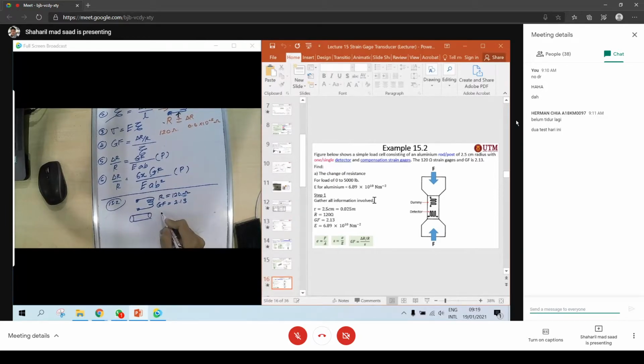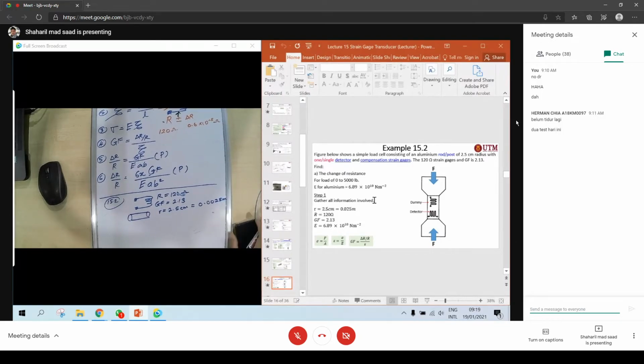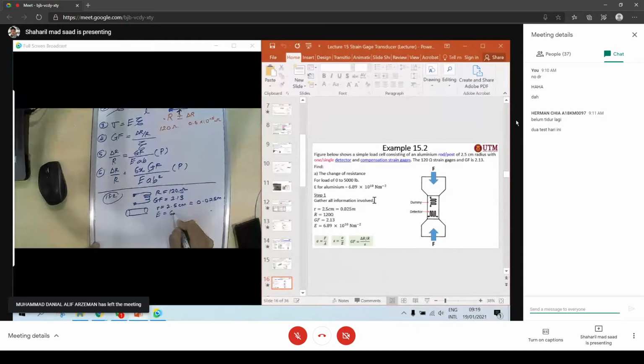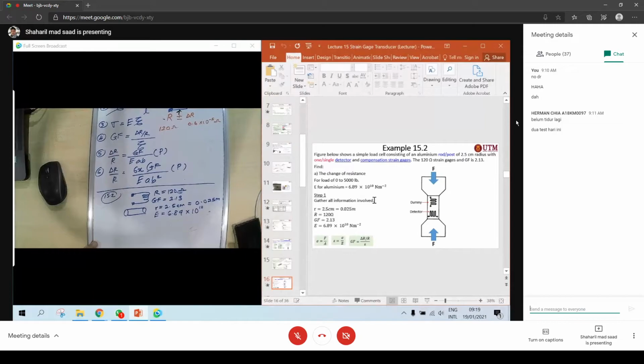Now your rod has a radius of 2.5 cm, equal to 0.025 meter. Correct or not? 0.025 meter. Done. And this rod has Young's modulus of 6.89 times 10 to the power of 10. Okay, done.